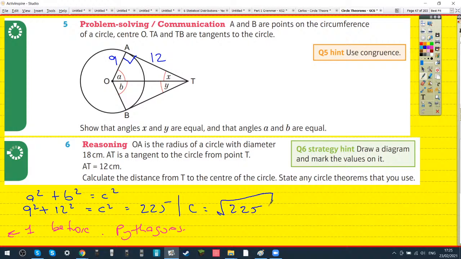So what is that? Can I use a calculator? Yep. Calculator. Okay. 15. Well done. And so that one is 15 centimeters. Great.